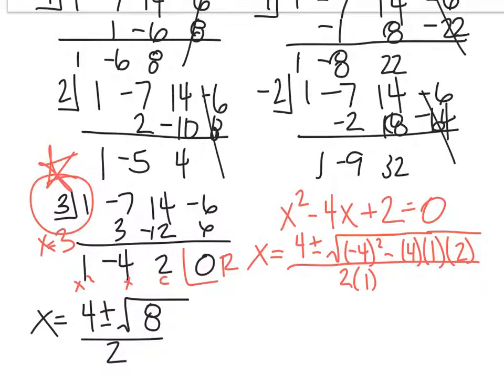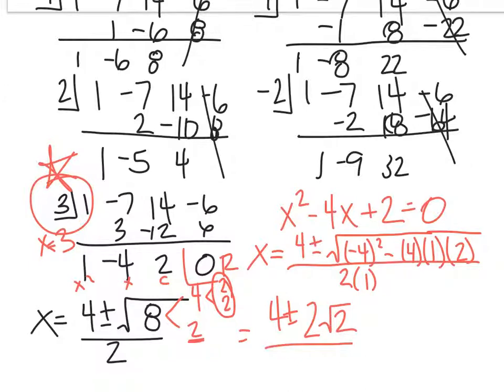And then remember, your next step is to break down the root. I have a pair of 2's, so that's going to give me 4 plus or minus 2. The pairs go on the outside, the loner stays on the inside, all over 2. And your last step is dividing out the triangle. 4, 2, and 2 all have 2 in common, so that leaves me with 2 plus or minus the square root of 2.